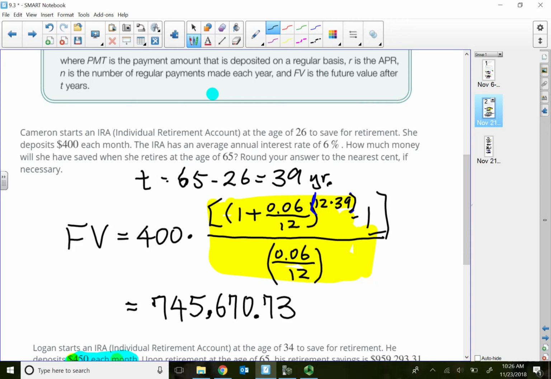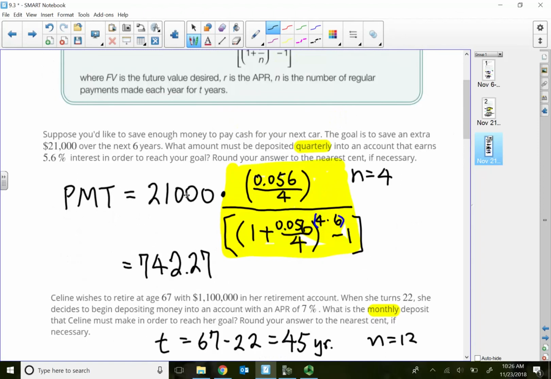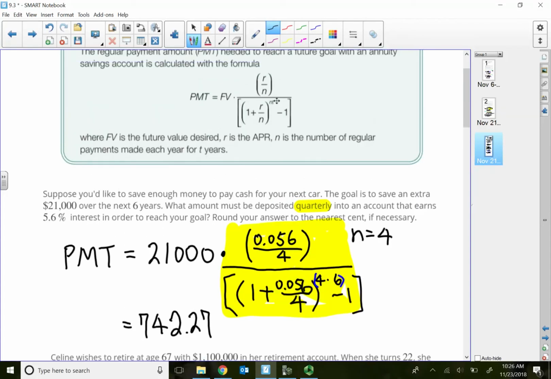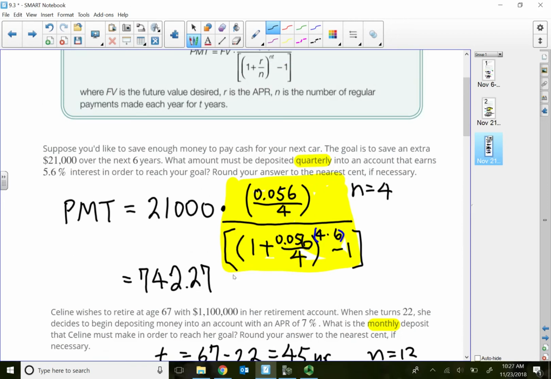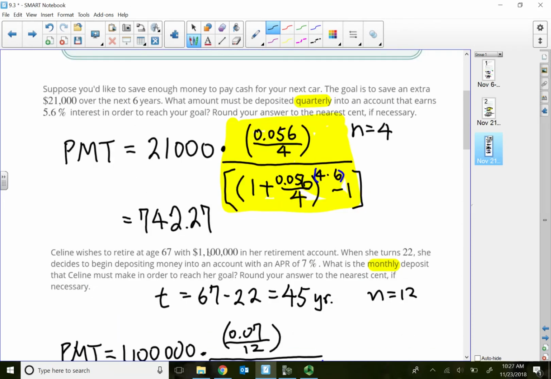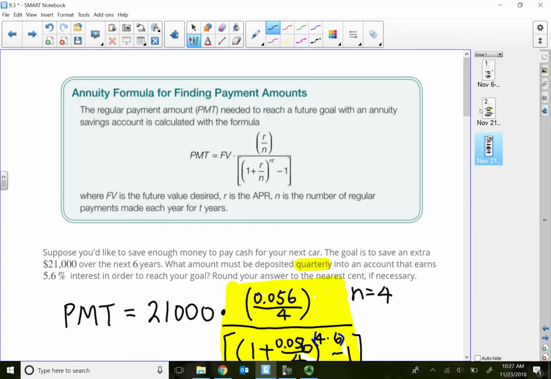And vice versa, if I know my future value, if I set a goal for what we want to save up for or retire with, then we can use the same formula slightly differently to find our payments, either every month or every quarter. So we know how much money we need to deposit into these accounts periodically. All right, so that will conclude this lecture video on annuity. Thank you for watching.